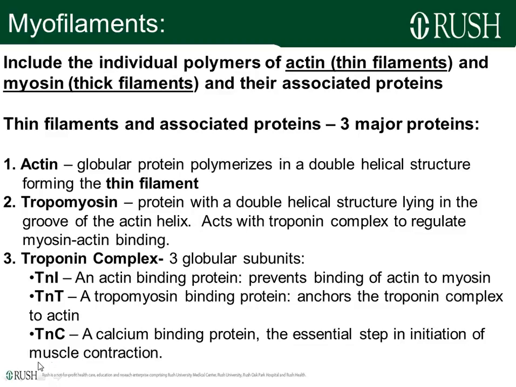TNI, which is an actin binding protein, which actually prevents the binding of actin to myosin, that's regulatory. TNT, a tropomyosin binding protein, which anchors that troponin complex to the actin, and TNC, which is a calcium binding protein, which is very important in the initiation of muscle contraction.